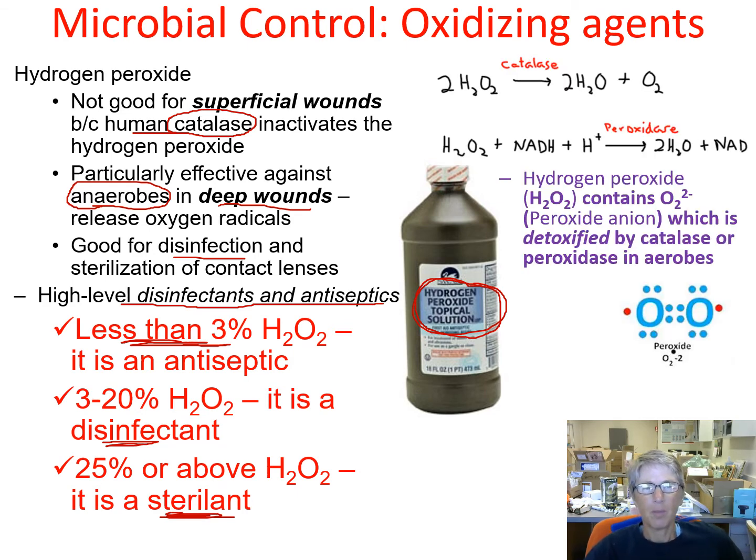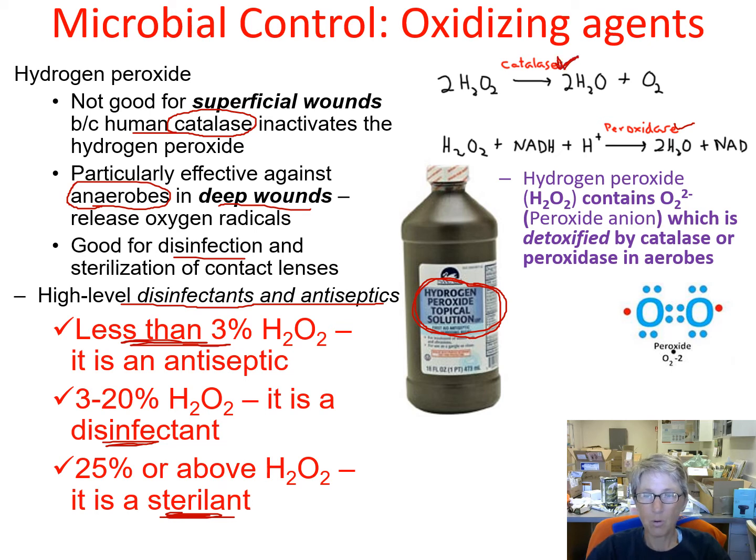So here's what I was talking about with catalase. If you are a microbe living on the skin, you have all the enzymes that can detoxify reactive oxygen species, including catalase and peroxidase. If you are an anaerobic microbe that doesn't like oxygen, living deep in the tissue, you don't have these enzymes.